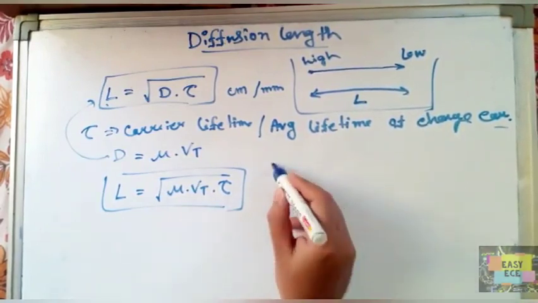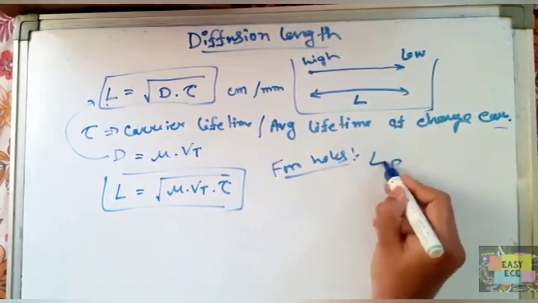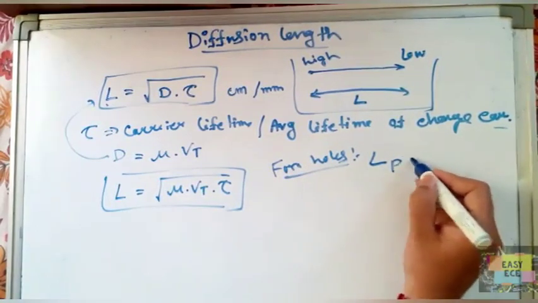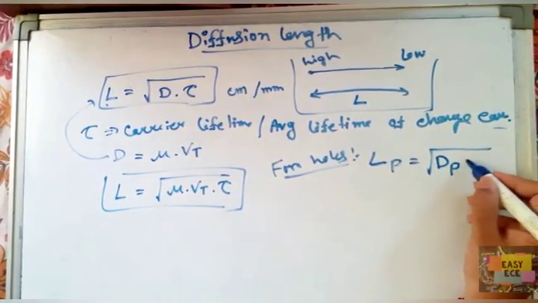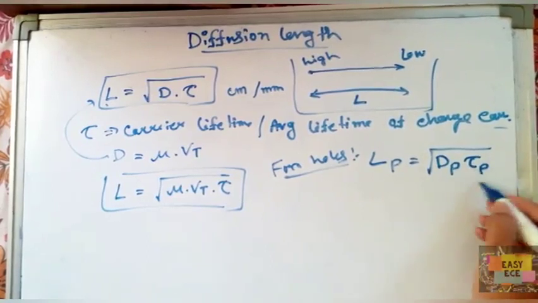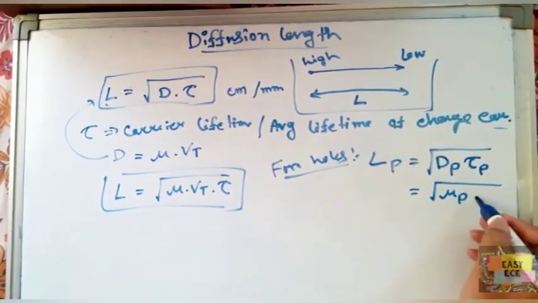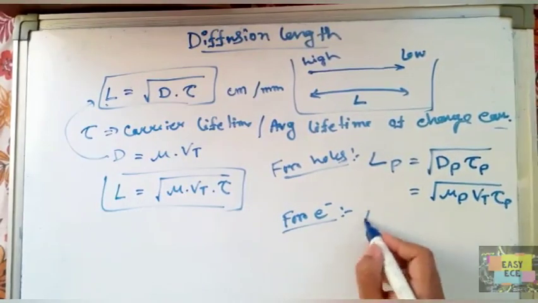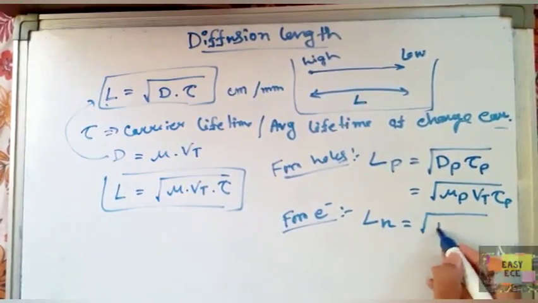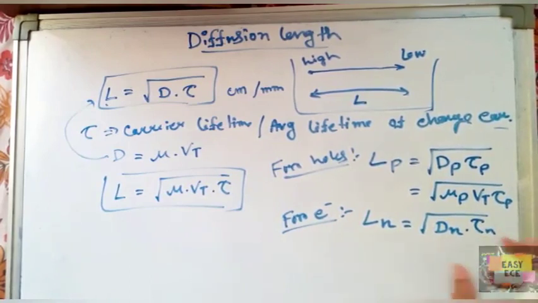Now for holes, that is denoted as L suffix P, for holes, that is positive, so L P equals root over the diffusion constant for holes, D P, and carrier lifetime tau P. That means we can write mu P, the mobility of holes, Vt into tau P. For electrons, that is for negative charge, L N equals root over D N, the diffusion constant for electrons, into tau N, the electron lifetime, that is the average lifetime of charge carrier.